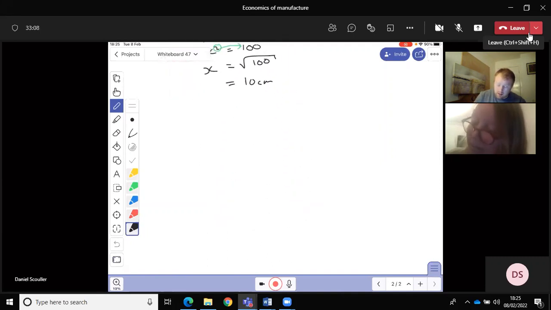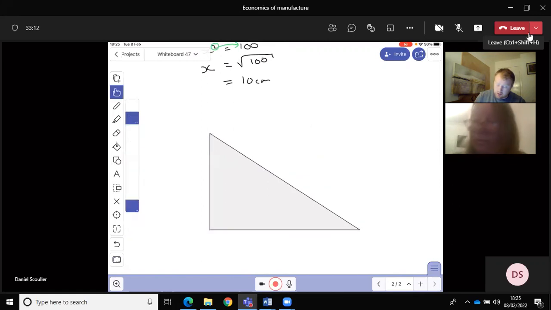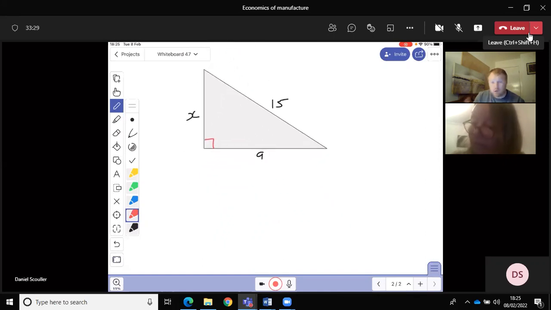They might give you a question where one of the other sides is missing. Okay, and they might call it X, whatever. You're aware that that's a right angle triangle. We're using the same equation, and then we're just rearranging it like we've practiced a couple of weeks ago when we were doing changing the subject.